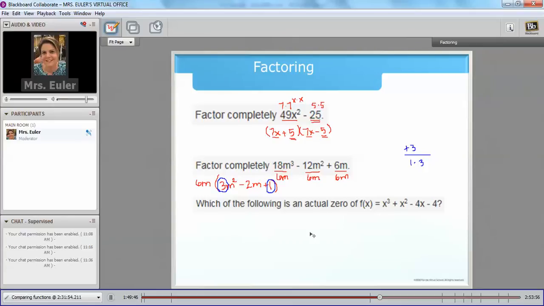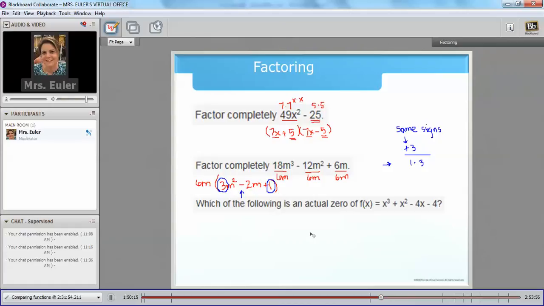Now, because this is a positive 3, that tells us some important information. That means that both of the signs of these factors have to be the same. Either they're both going to be positive or they're both going to be negative. And we determine that by the middle term, because I want to look for the factors that are going to add up to the middle term.